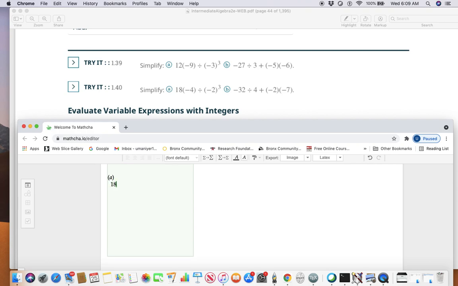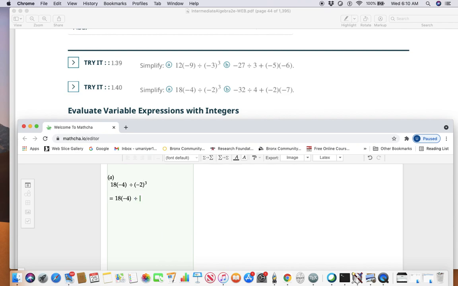Okay, 18 times negative 4 divided by (negative 2) to the power 3. So notice exponent takes precedence. So I'll write everyone else as they are.